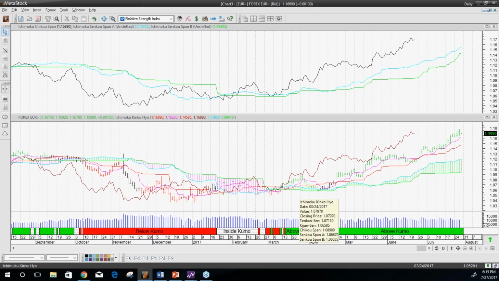As you can see, if it's green, then you've got the faster Senkou span A moving above Senkou span B. And if it's pink, it means Senkou span A is below Senkou span B. But MetaStock can't plot past the end of its chart.